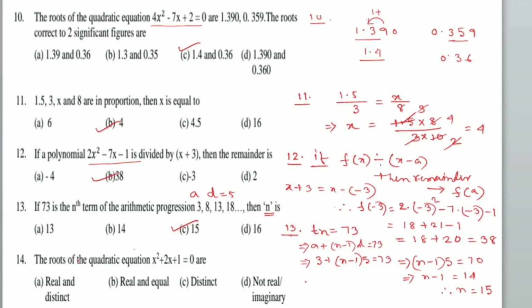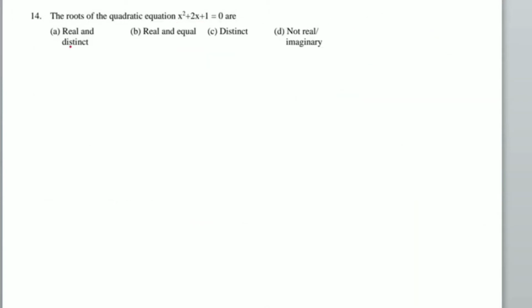Now we will solve problem 14, but here the space is not available, so we will do it on the next page. So here the quadratic equation is x square plus 2x plus 1 is equal to 0. We compare it with the general equation of second degree, ax square plus bx plus c is equal to 0.